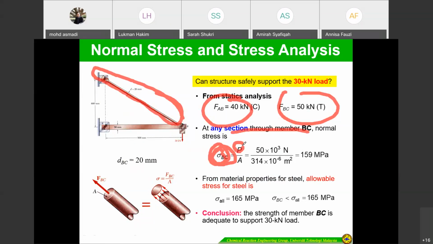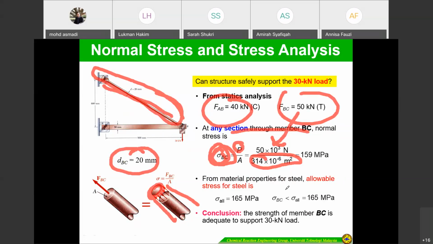So P is equal to 50 kilonewtons divided by the area. Since the area is this, look at here, this shape, a circle, so you have to consider the diameter to determine the area, and then you can get the normal stress.